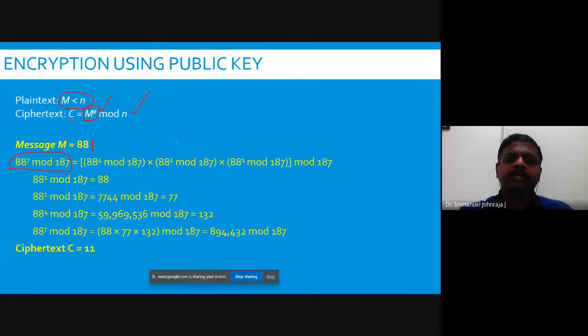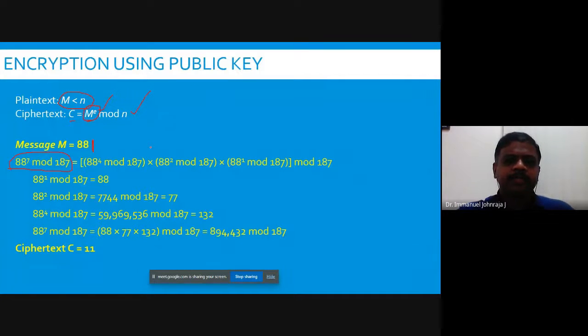So for that matter, we go for modular arithmetic. What is modular arithmetic? If I recall correctly, a power n multiplied by a power m is equal to a power n plus m, if you remember. Or in other words, a power m multiplied by a power n is equal to a power m plus n. Simple.